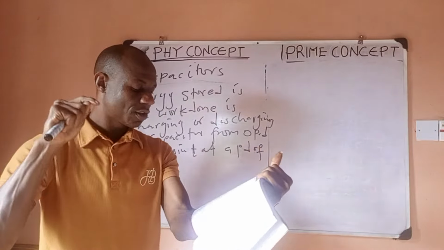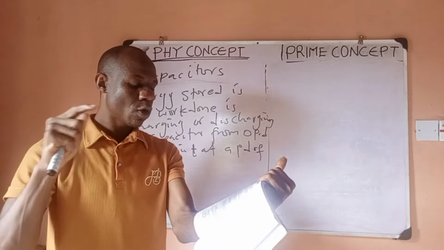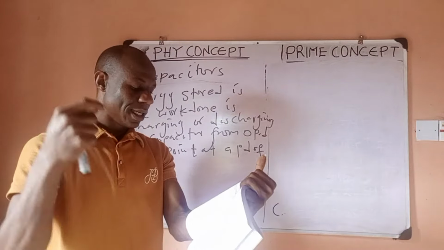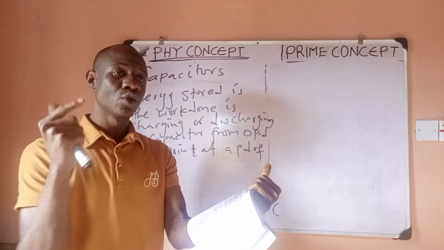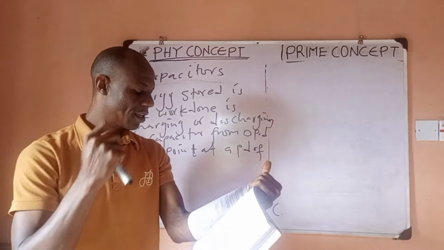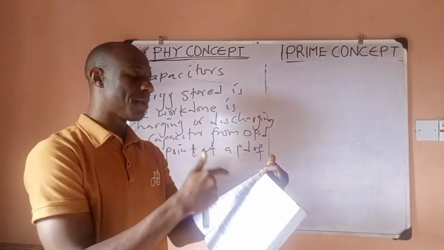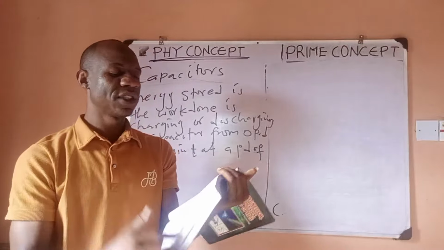A capacitor stores energy, we know. And then this energy is equal to work done in doing what? Option A, in charging the capacitor. Option B, in charging the battery. Option C, storing charge. Option D, lifting a coulomb of charge.